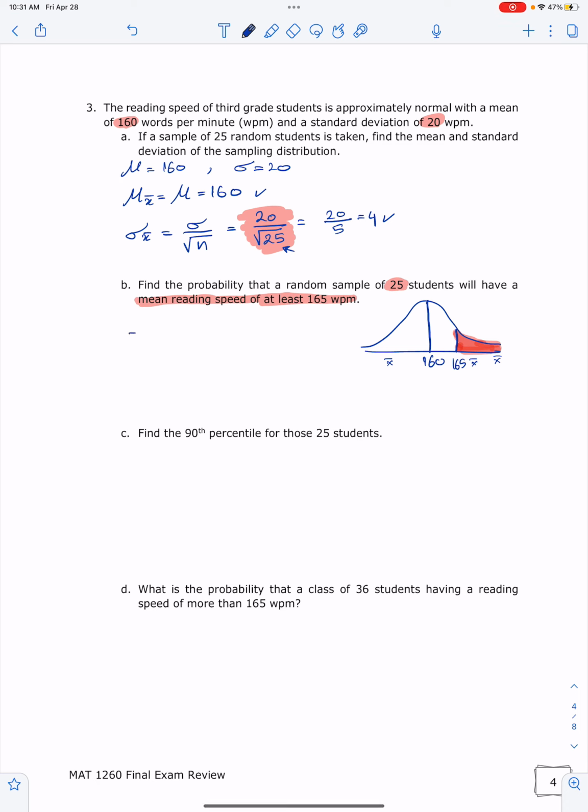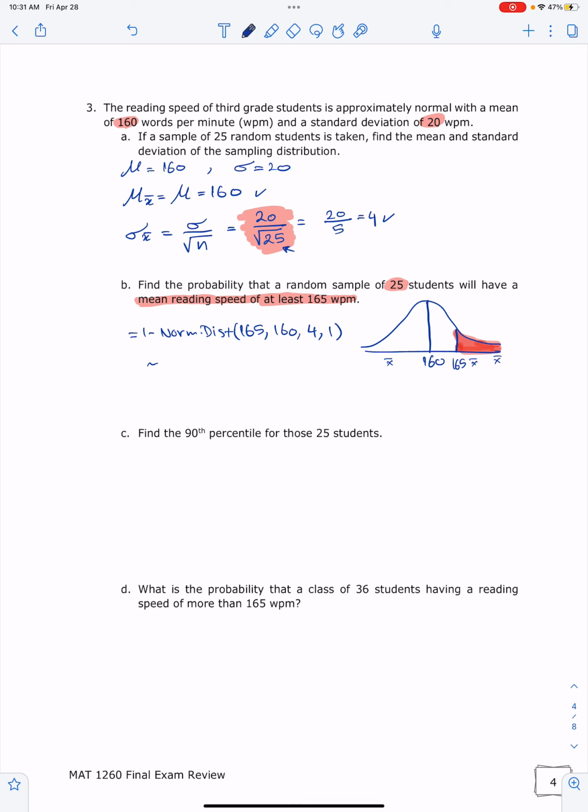The area above is equal to 1 minus norm distribution of 165, comma the mean, comma the standard deviation, comma true. If you put that into an Excel sheet, you're going to get the answer, which is 0.8944 rounded to 4 decimals. Sorry, that was not the correct answer.